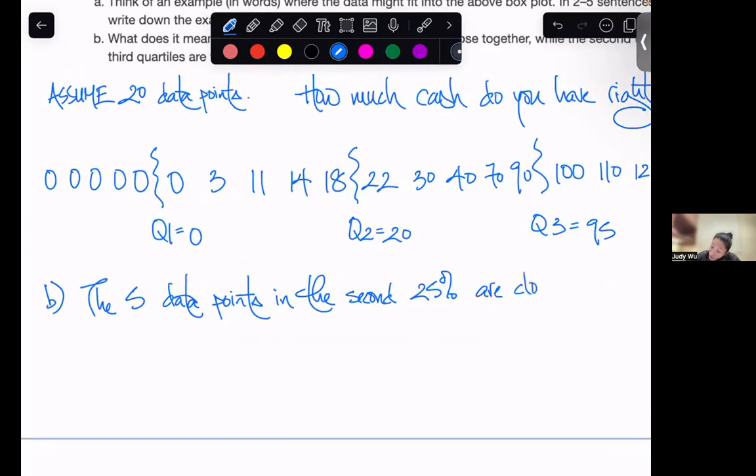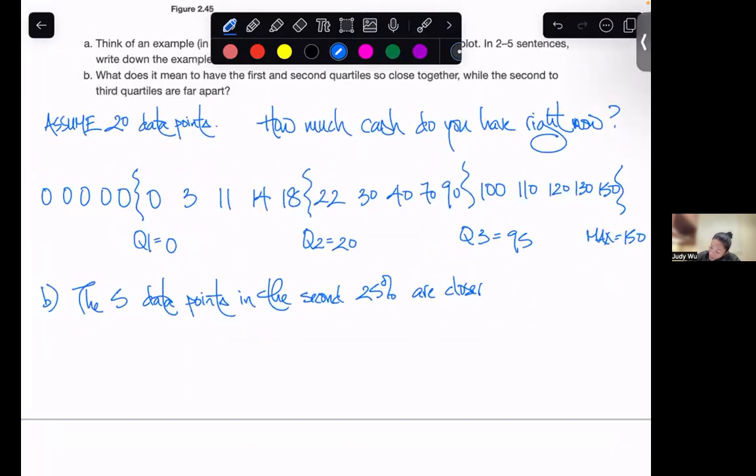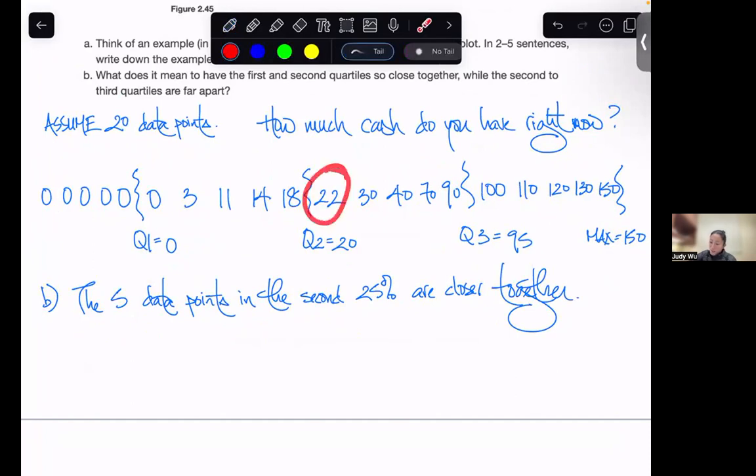If we look at the numbers we made up, 0, 3, 11, 14, 18, those are much closer together, but in that third quartile, the smallest value is 22 and the biggest one is 90. That's a really big spread.